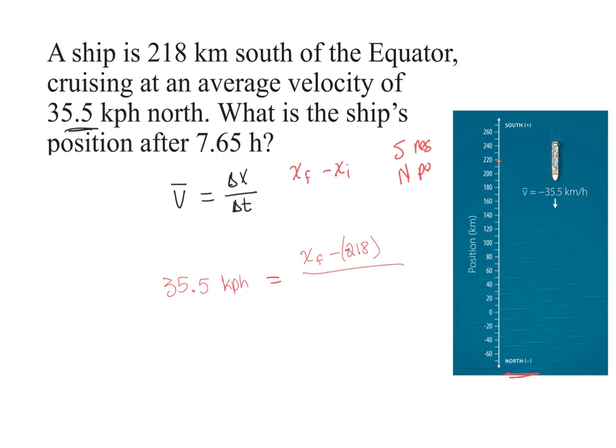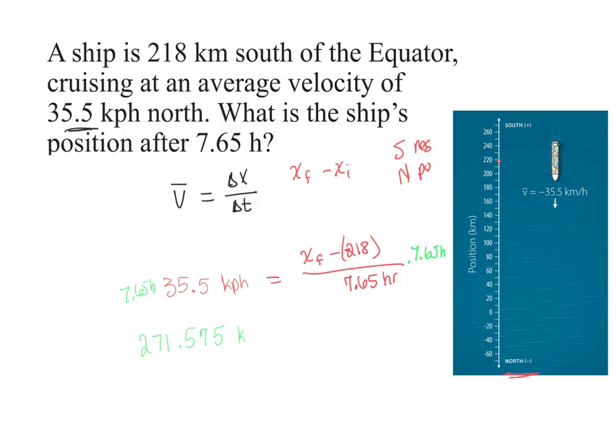And then we know the time. So it says after 7.65 hours. And so what we're going to do here is we're just going to solve. We are going to multiply by that 7.65, and that will give you 271.575 kilometers.